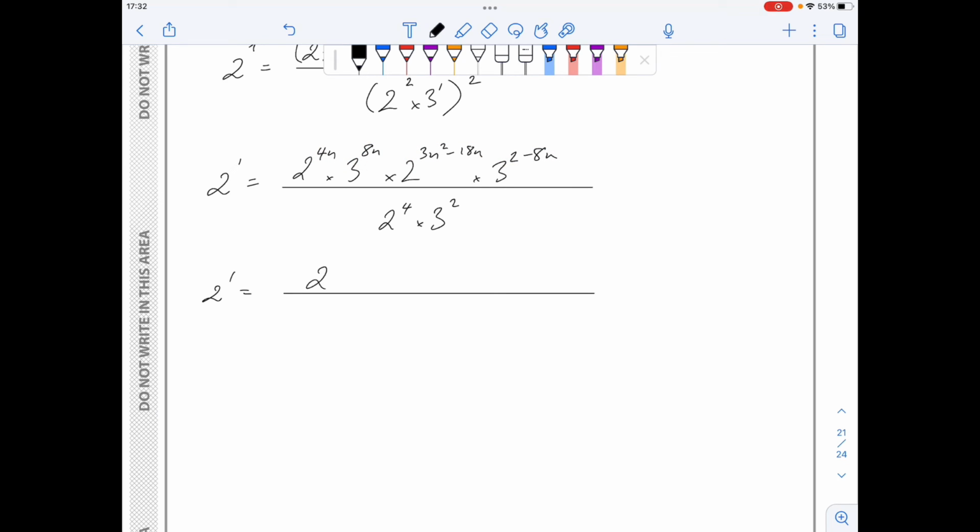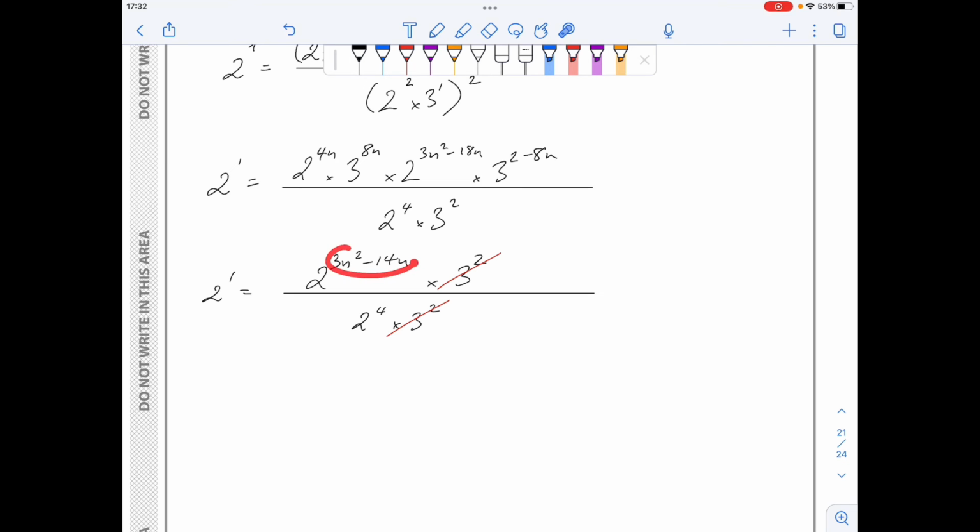So 2 to the power of 3n squared minus 14n times 3 to the power of 2, and then the denominator stays the same. Now note that I can cancel out the 3 to the power of 2, and I'm left with only powers of 2.